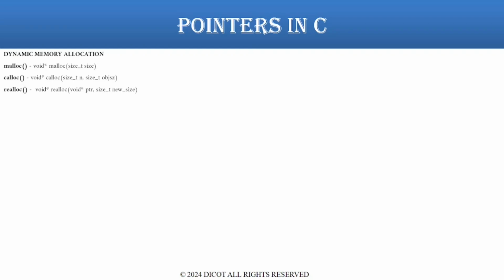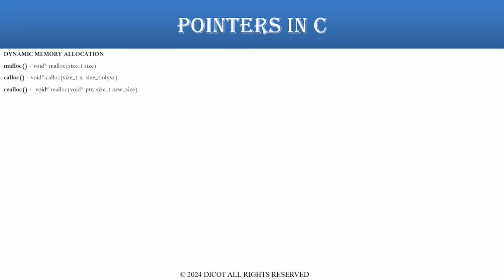The first argument is a pointer to void which points to the memory already allocated. And the second argument is the new size of type size_t, which specifies the new size, which can increase or decrease the already allocated bytes.